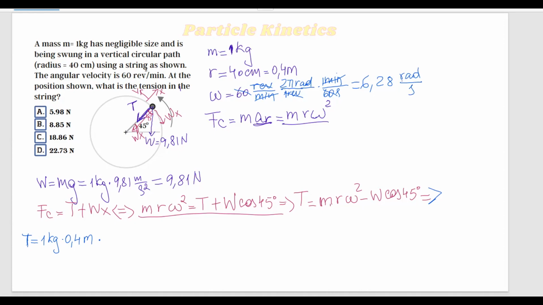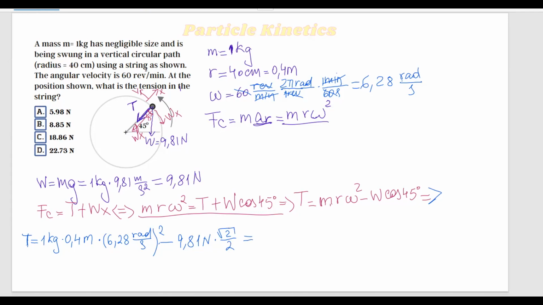So coming back here to my problem, I'm going to add omega squared, which is 6.28 radians per second squared, minus weight, which is 9.81 newtons, multiplied by cosine 45, which is square root of 2 over 2.